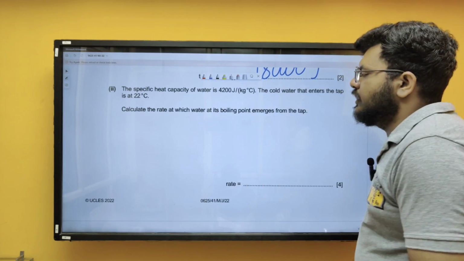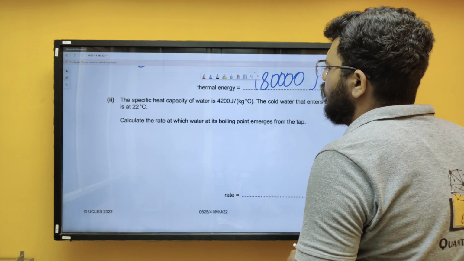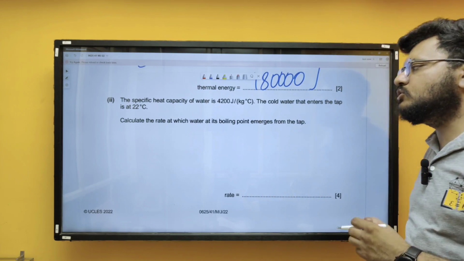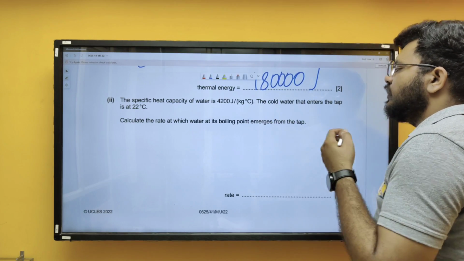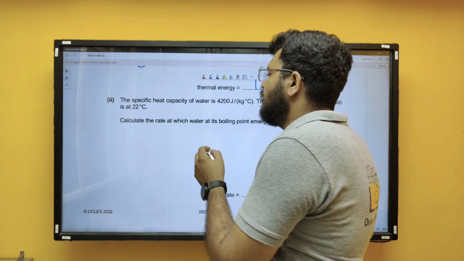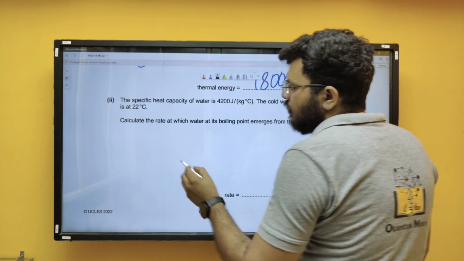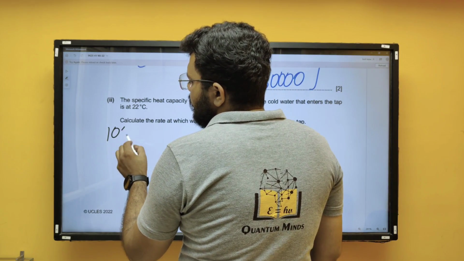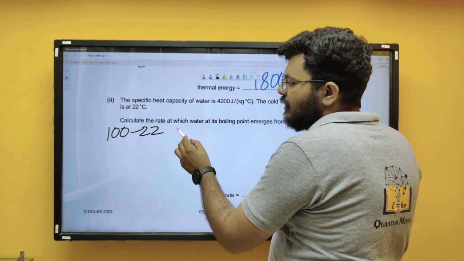Then what is the next thing? The specific heat capacity of water is 4200 joules per kg degree Celsius. The cold water that enters the tap is at 22 degrees. Calculate the rate at which water at its boiling point emerges from the tap. So the change in temperature is 100 minus 22. It enters at 22 but exits at 100.